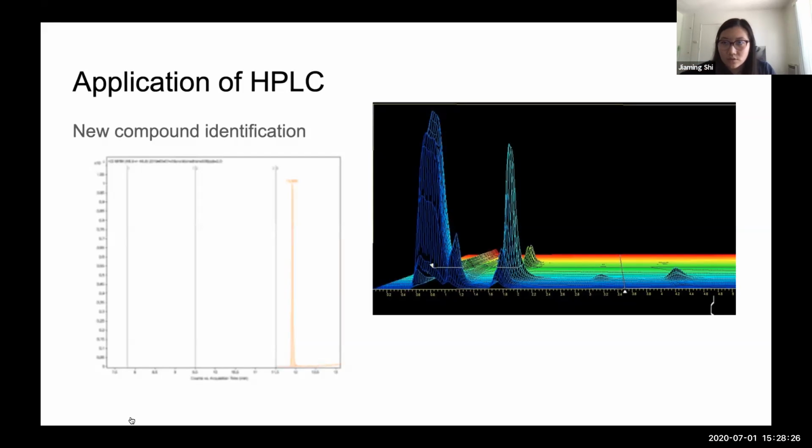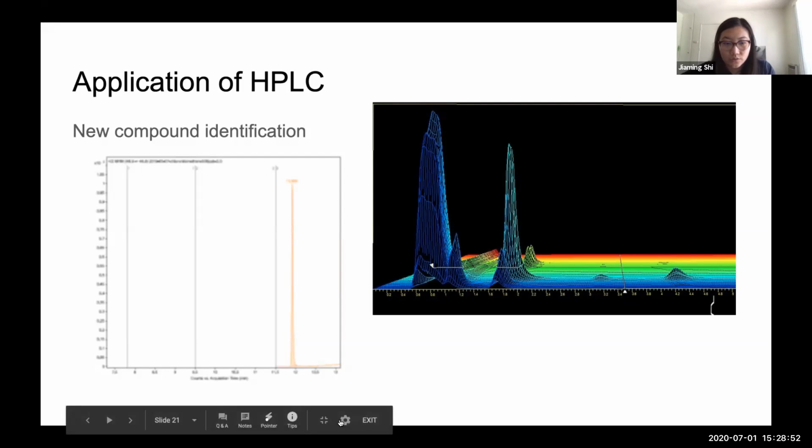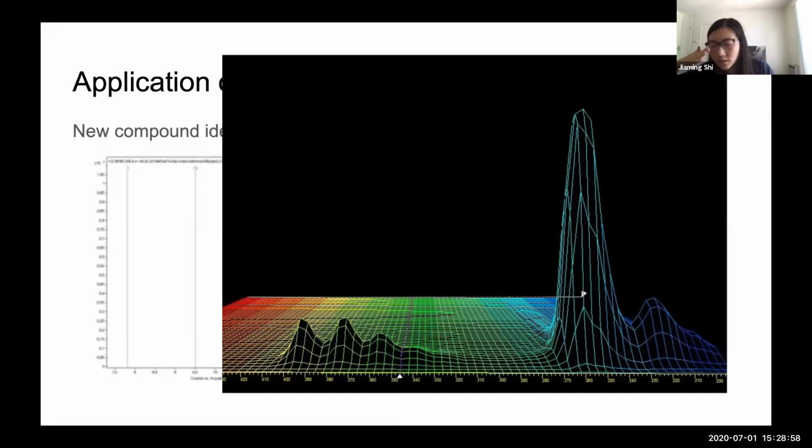So usually we look at the 3D plot of the result, which is shown in the colorful graph on the right. You can see on the x-axis is time. If you are seeing multiple peaks, usually that means it's different stuff, because every compound has its own retention time based on its polarity. After you see a new peak, usually we go to the other side to see the UV spectrum of the compound. For each compound, based on its chemical properties, there will be a different absorption peak.